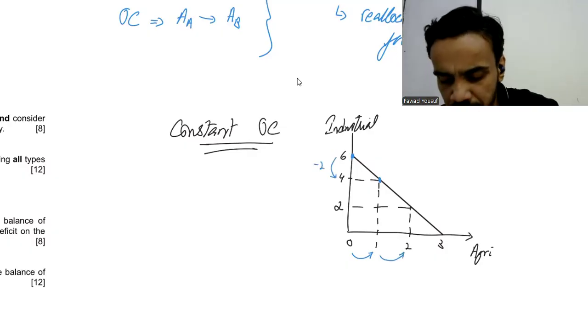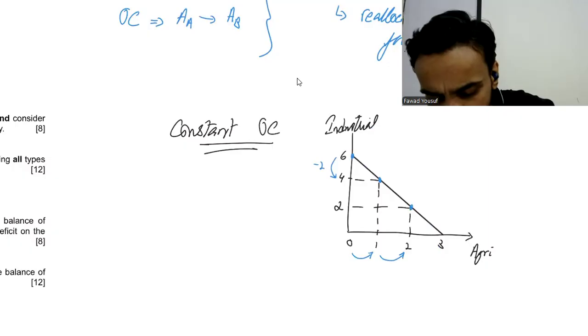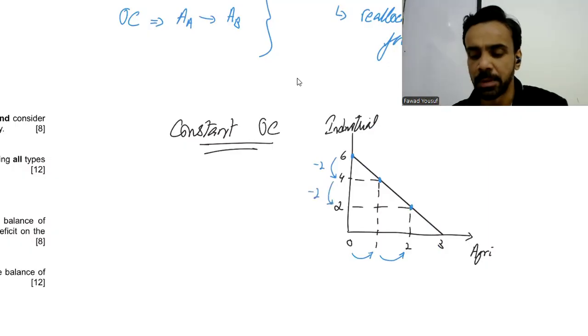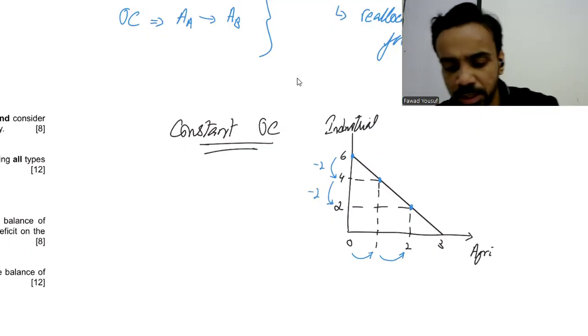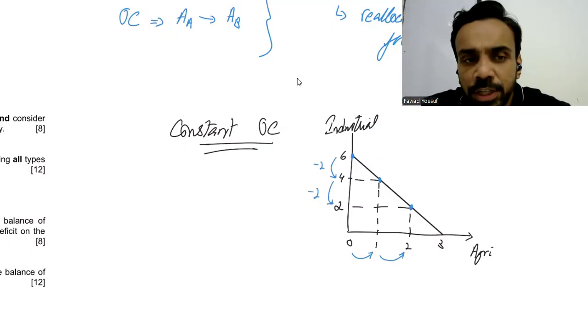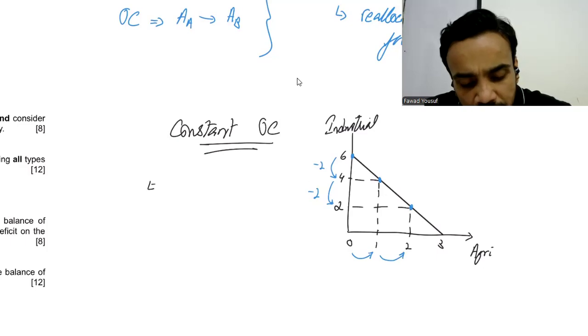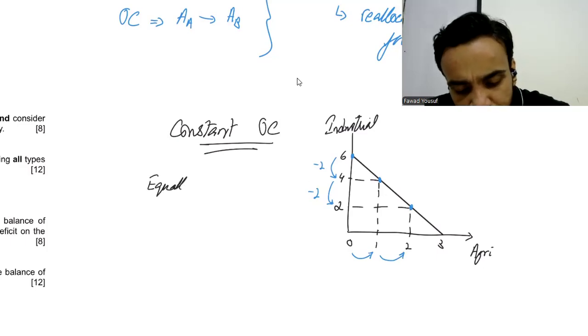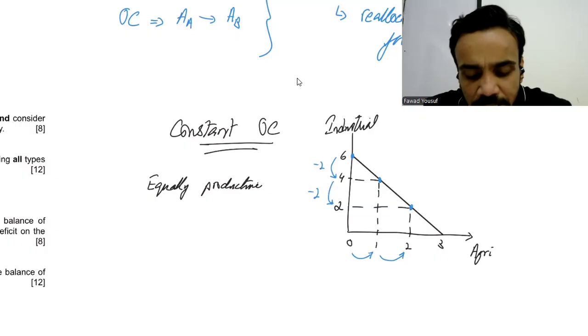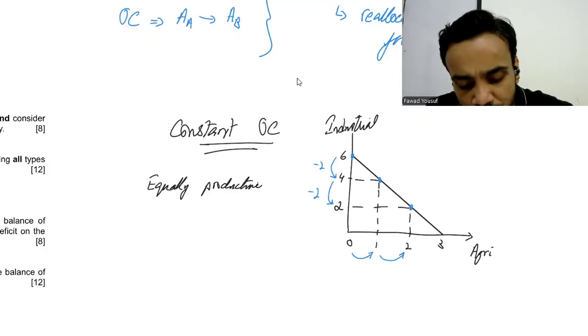And when you increase production one more time, for one more unit, you are still giving up the same amount. And so what we used to say is that if the resources are equally productive, in that case you would have a constant.